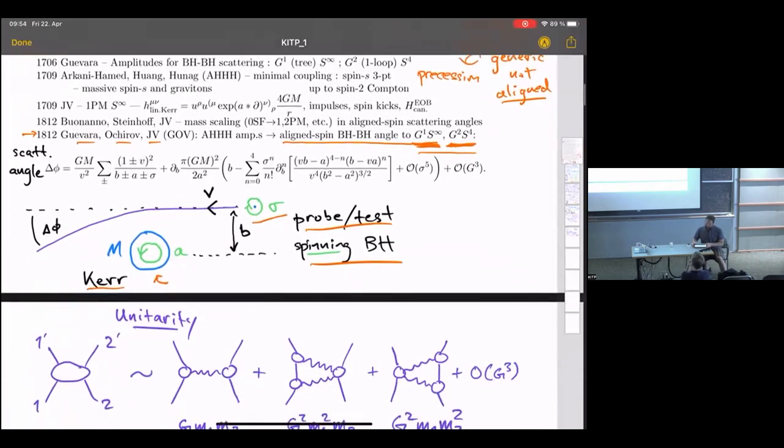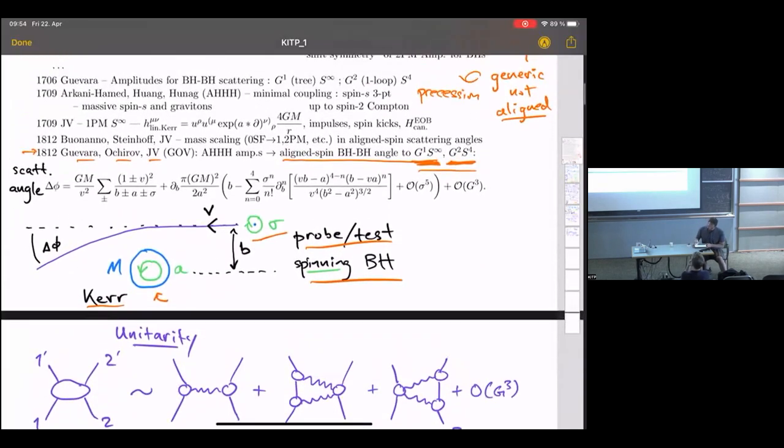But this result, which was put out claiming that this very simple formula here gives you the scattering angle for binary black hole scattering to these orders. Notice this extremely simple form at first post-Minkowskian order to all orders in the spin.